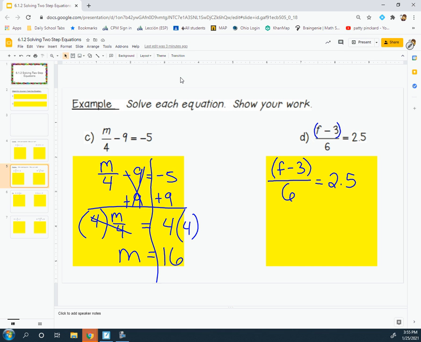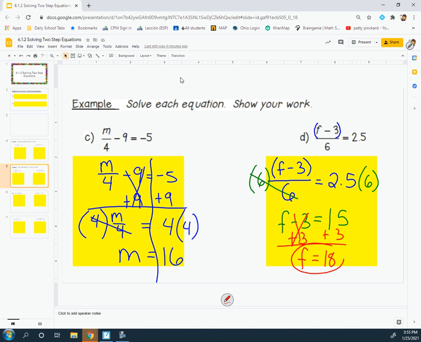So the first thing I'm going to do is multiply both sides by 6, so that these cancel. x minus 3 equals 6 times 2.5, which is 15. And then I'm going to add 3 to both sides. So f equals 18.